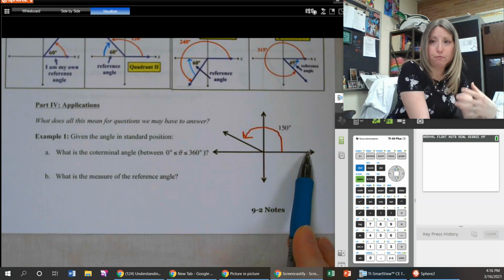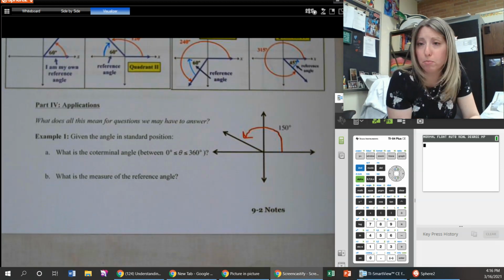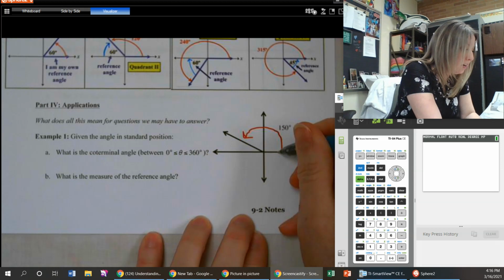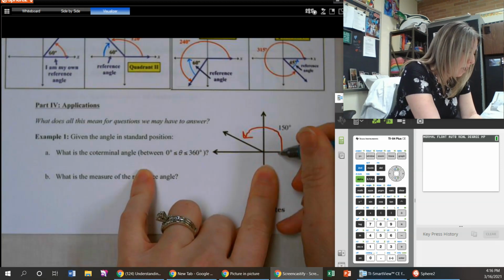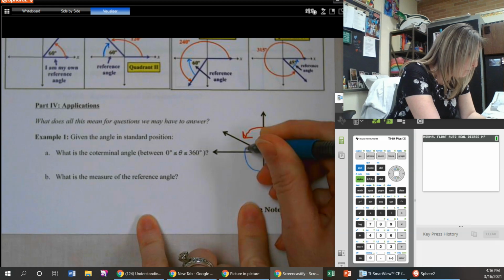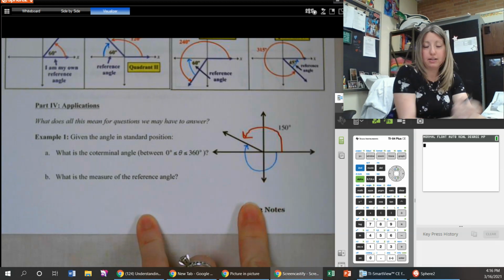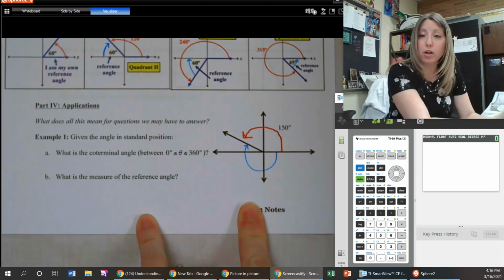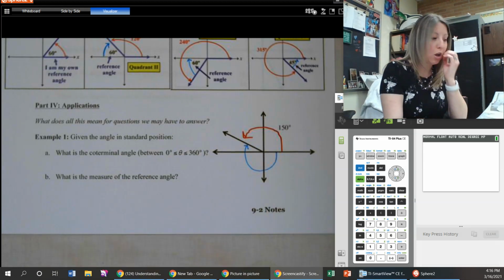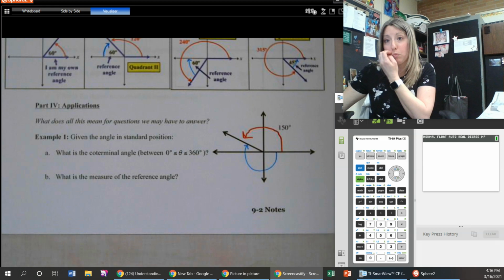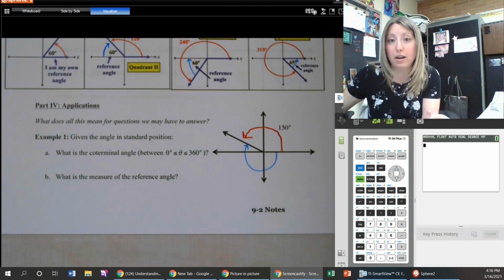What I look for first is the coterminal angle. So if this one is counterclockwise, it's a positive degree. If I went back this direction and did my negative, what is the degree of this angle? Coterminal angles, their absolute values add up to 360.